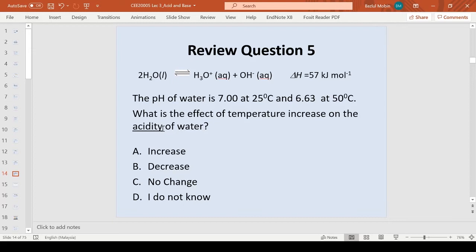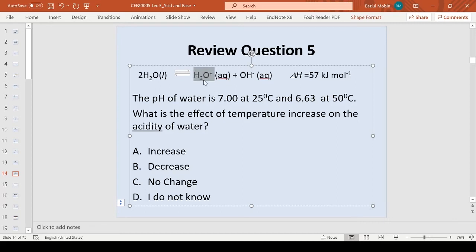So for this case, we see that when temperature increases, hydronium ion increases. But what happens to hydroxyl ion then? Hydroxyl ion is also increasing because the water is dissociating, producing hydronium ion, and in due course it also produces hydroxyl ion, because this hydroxyl ion is not going anywhere. It is of course being produced along with the hydronium ion.